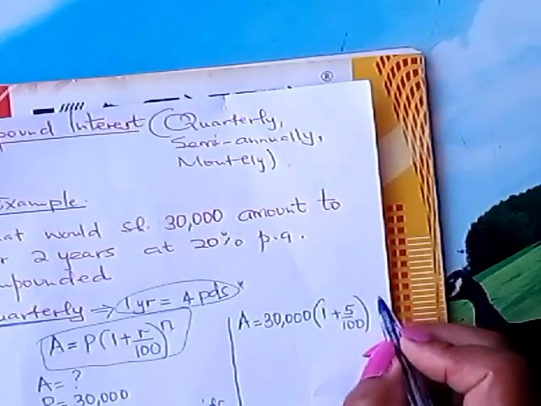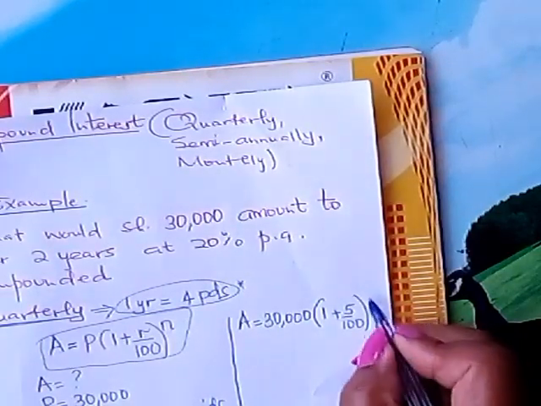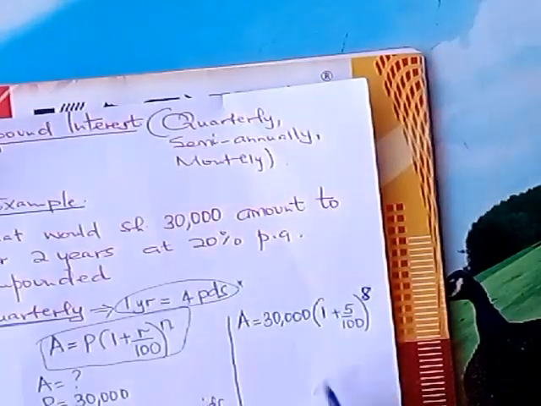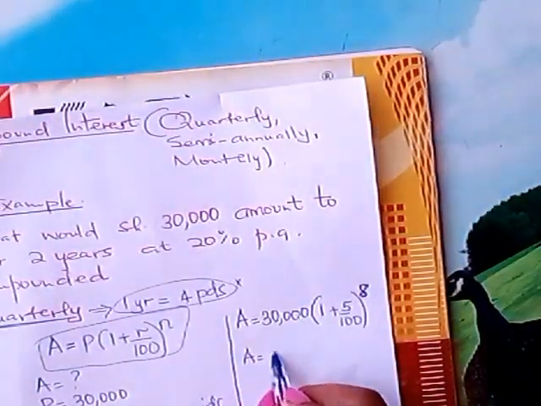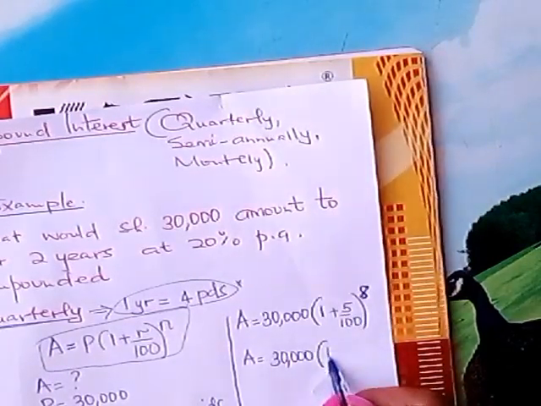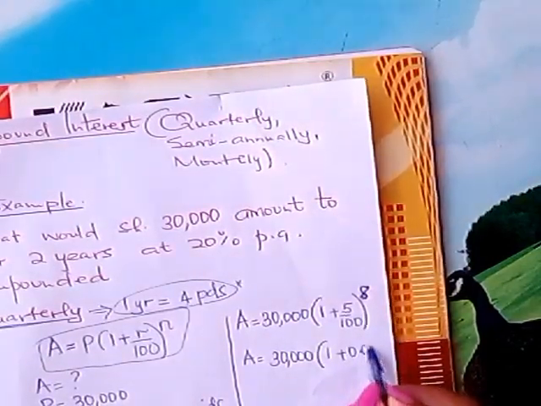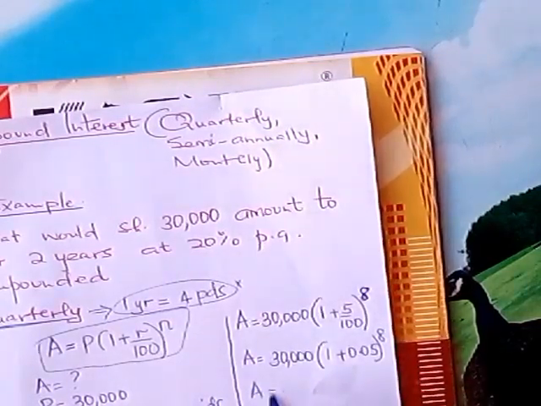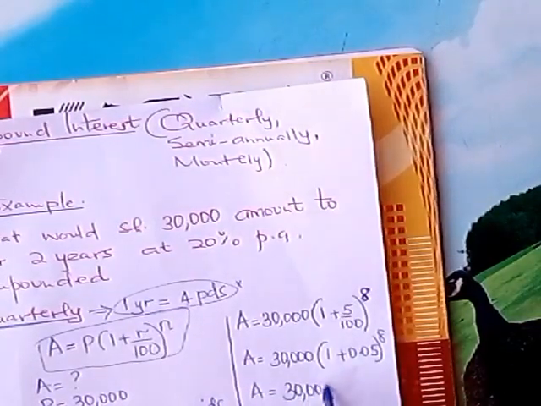And how many periods are these? 8. The N is 8. So you work out this: amount is equal to 30,000 times 1 plus 0.05 raised to 8. And therefore amount is 30,000.